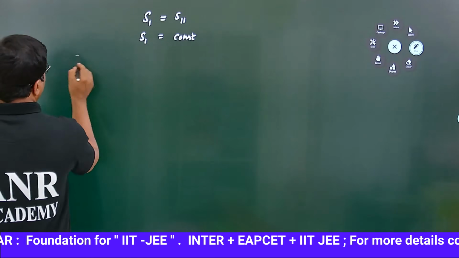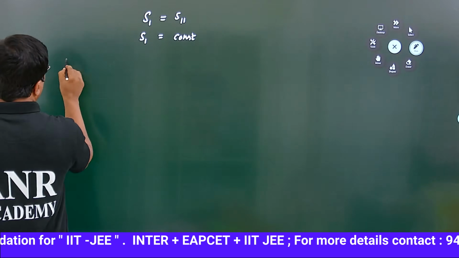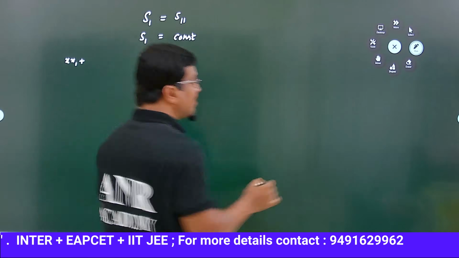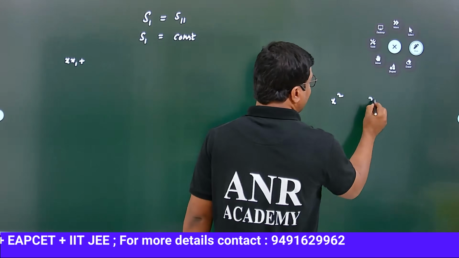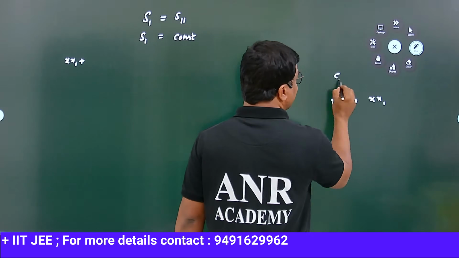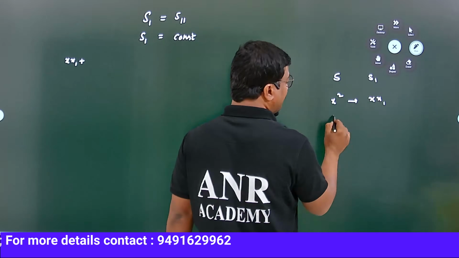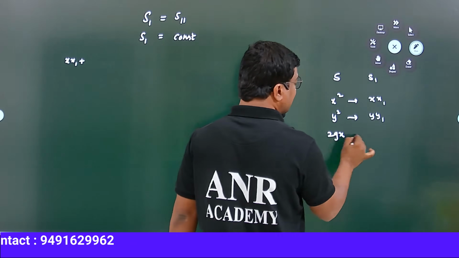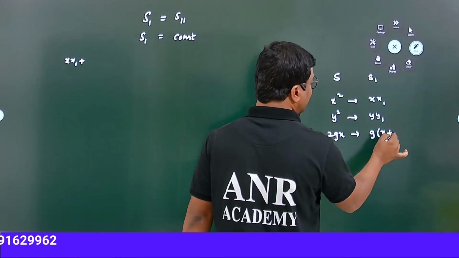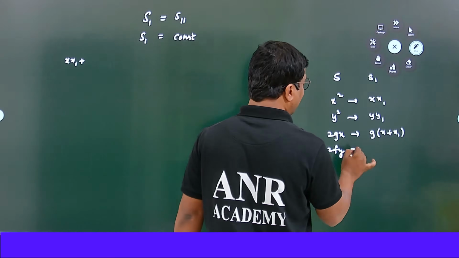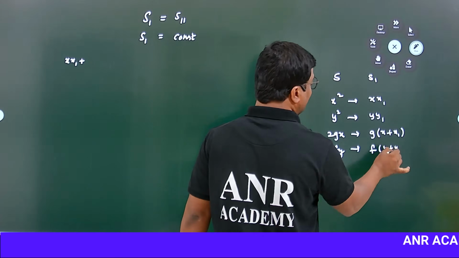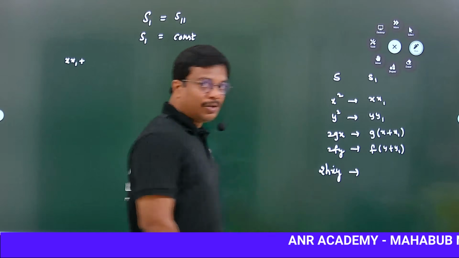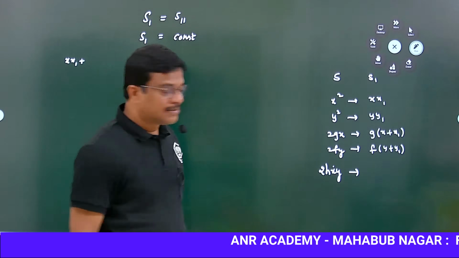First, x square you have in the second degree equation, so you will get xx1. Next, 2hxy. If you have x square, that can be written as xx1 for S and S1. If you have y square, then you have to write yy1. If you have 2gx, then you write g of x plus x1. And if you have 2fy, then f of y plus y1. When you have 2hxy, do you know how to write S1 in this case?